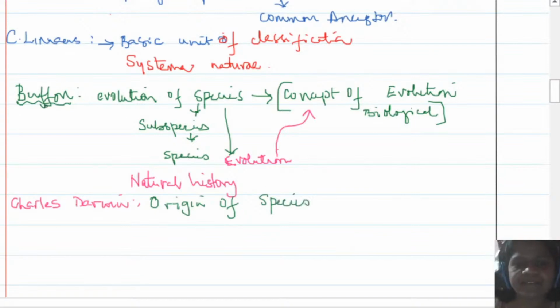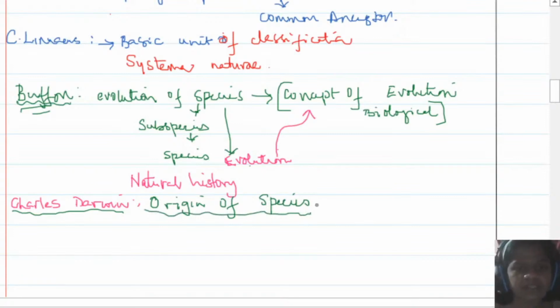When Buffon came up with his idea of evolution, Charles Darwin, when he learned about Malthus's population and ecology and stuff, with a lot of information out there, he came up with Origin of Species.